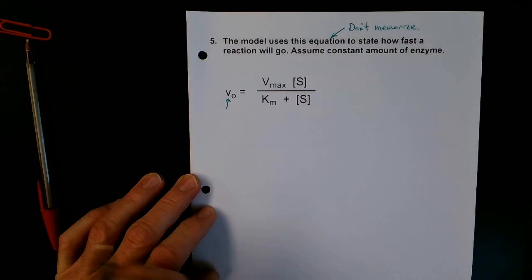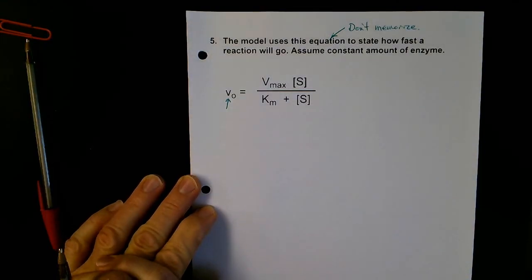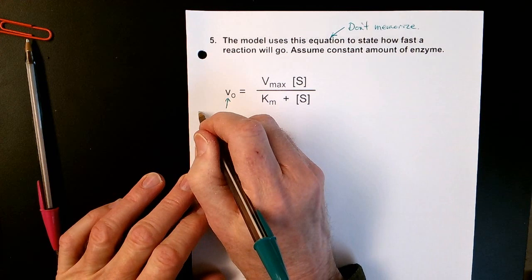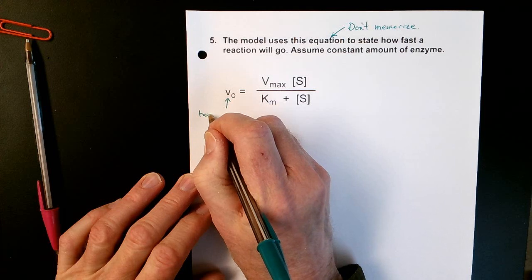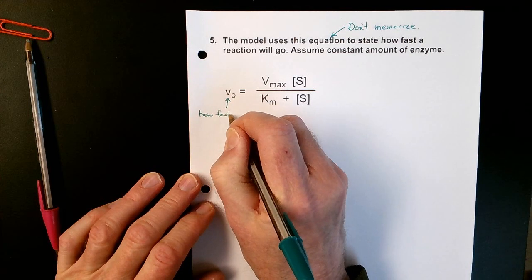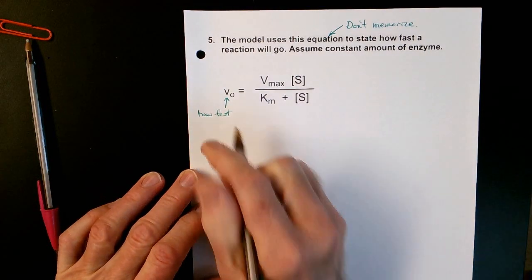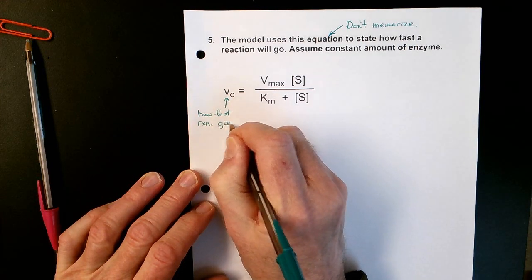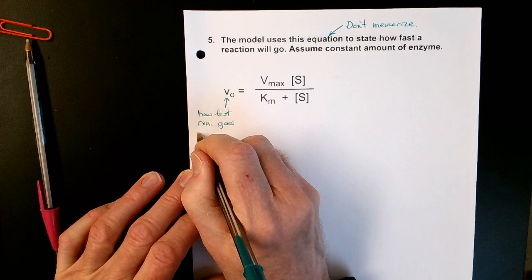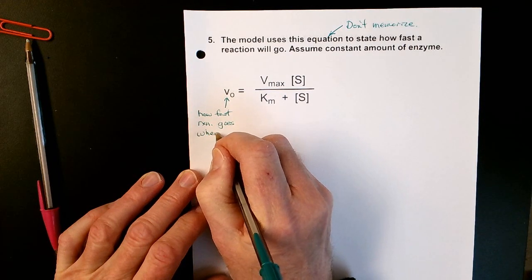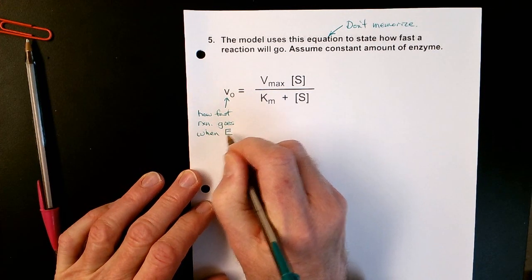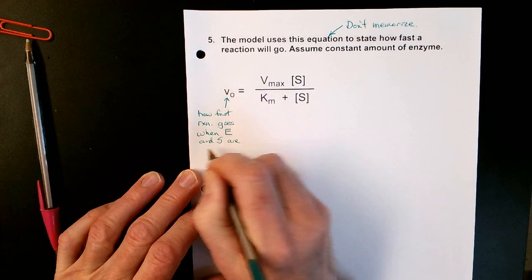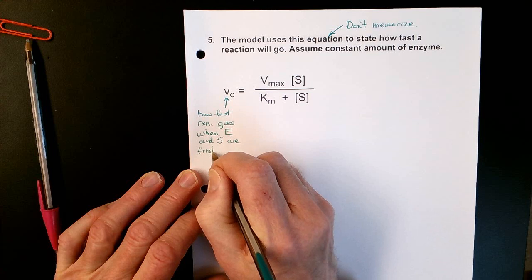V0. What is that? Well, V in this case stands for velocity. It's how fast something goes. In this case, it's the reaction, how fast it goes. Okay, I think that's big enough to see. How fast the reaction goes. And this is at a specific time, when the enzyme and the substrate are first combined.